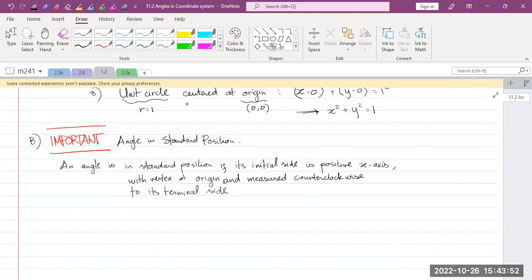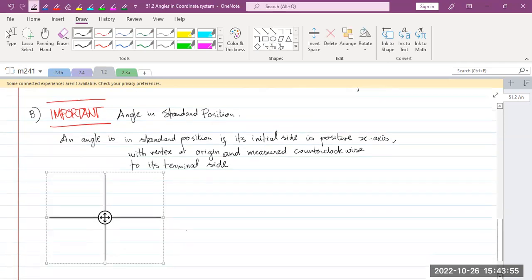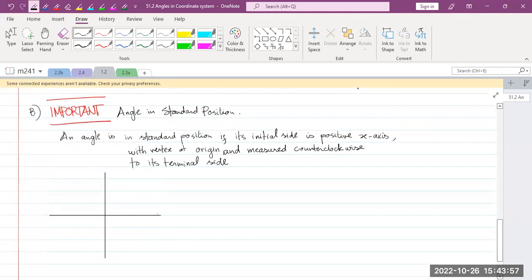Now, this is what I meant. Suppose you have a coordinate system, right? And this is our positive x-axis. Now, that angle is in standard position if you have a terminal side from the origin, and it is measured from the positive x-axis counterclockwise to that terminal side.